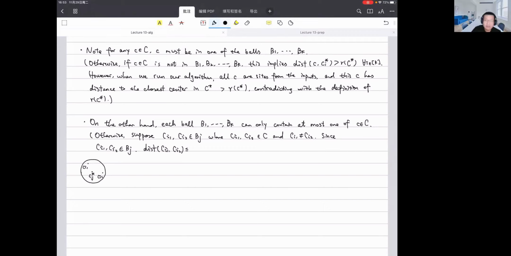We know that the distance between Ci1 and Ci2 is smaller than the diameter of Bj. The diameter of Bj is 2 times RC star, which by our assumption is smaller than RC. So this establishes that the distance between Ci1 and Ci2 is smaller than RC. But by our observation, we know that the distance between Ci1 and Ci2 is larger than or equal to RC. This is a direct contradiction.